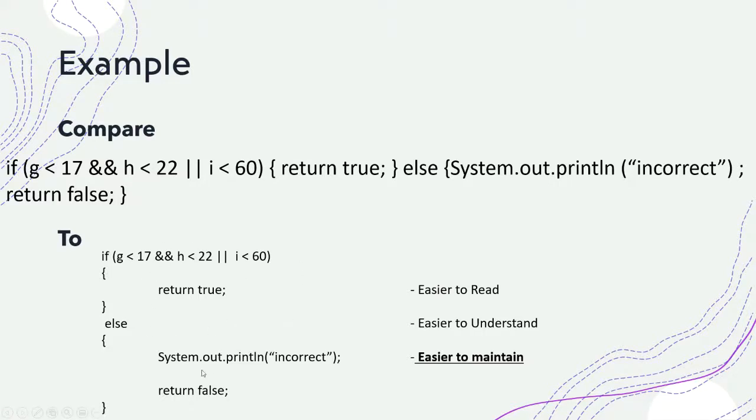Unlike here, it would be harder for us to know which line or which part is producing an error, because as you can see, it is just in one line. So it would be better to use indentation here. This is an indentation. There is a tab space, as you can see from here.